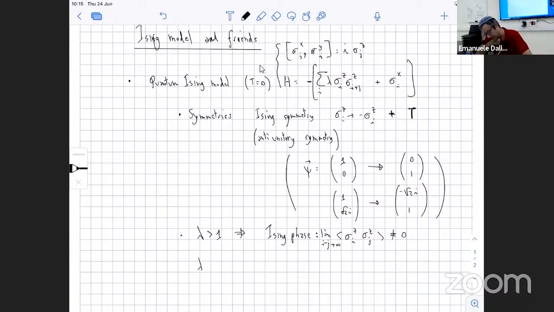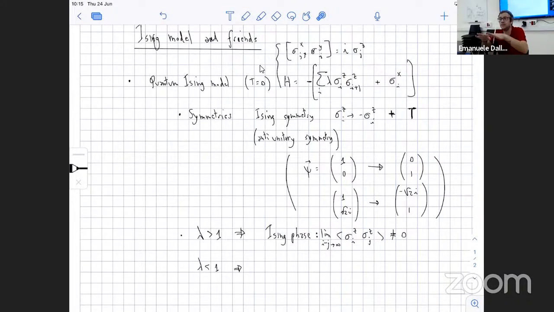In contrast, if lambda is smaller than 1, then the term that is winning is the sigma x_i. In this case, the spin points in the x direction, but there is no symmetry breaking because there was no symmetry to begin with, right? You have applied a magnetic field in the x direction, so you have given a preferred direction, plus x or minus x. There is no symmetry here.